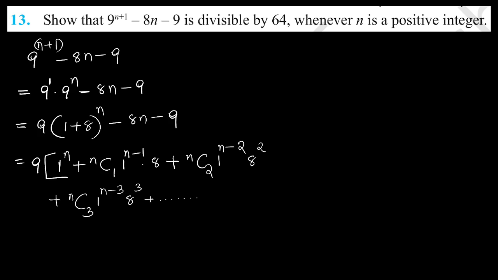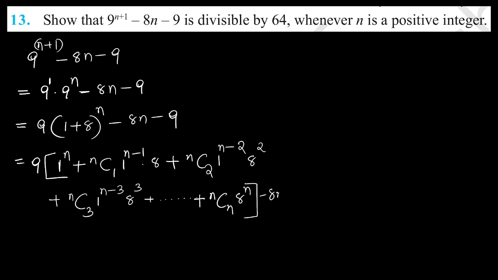In this way, what will be the last term? I don't want to write all the steps. First term a raised to n, last term b raised to n. The last coefficient will be nCn, and 8 raised to n will be the last term.